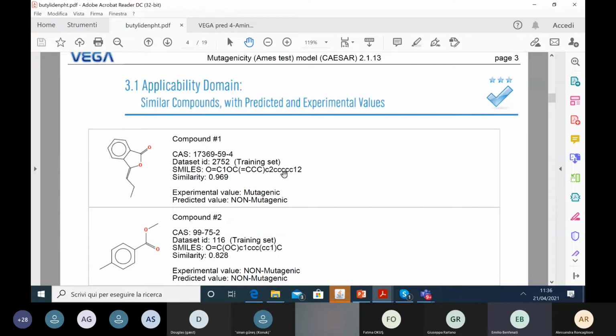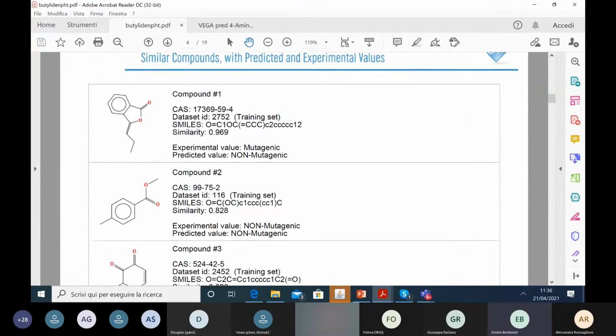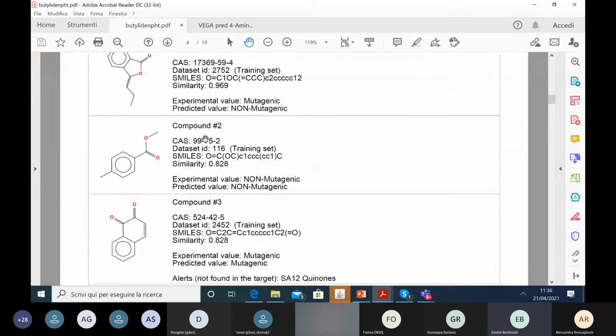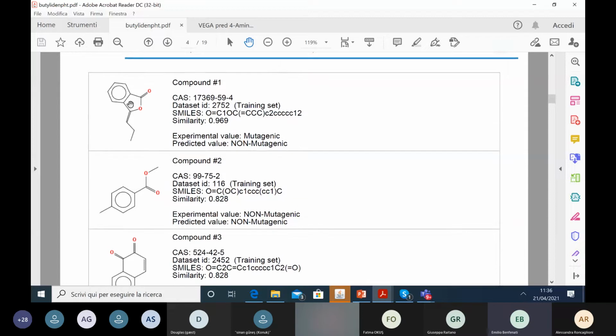But based on this element, I cannot demonstrate that the target compound is non-toxic. So based on read across, I have only one chemical, unfortunately, and my evaluation, honestly, would be that no, Caesar is wrong. This I can trust on this. This chemical is not so interesting to me.